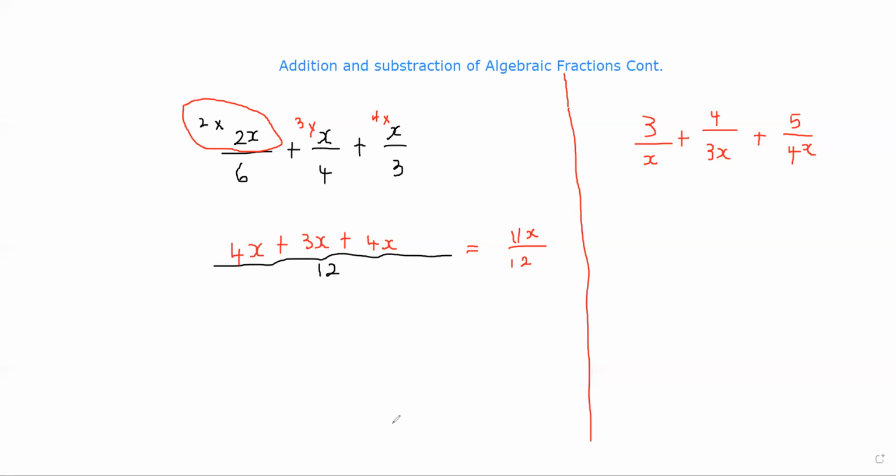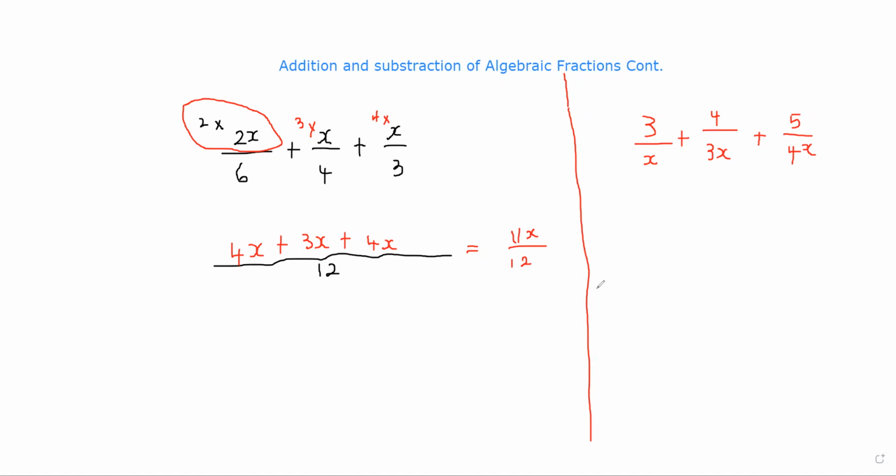Anybody? What's the first thing we need to do in this case? Nothing too complicated. It's the same procedure. Good. So what's the LCM of x, 3x, and 4x? 12x. Anybody else with anything different? No, sir. Wow, bright man.